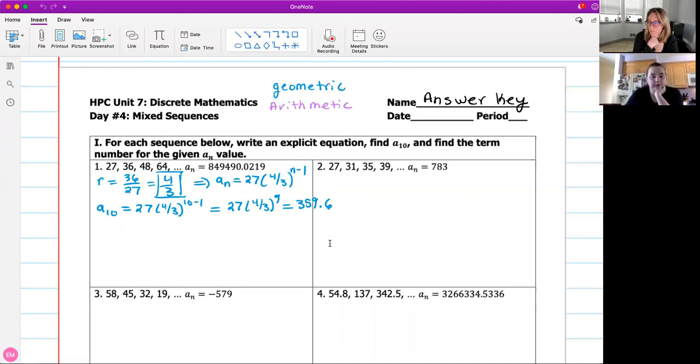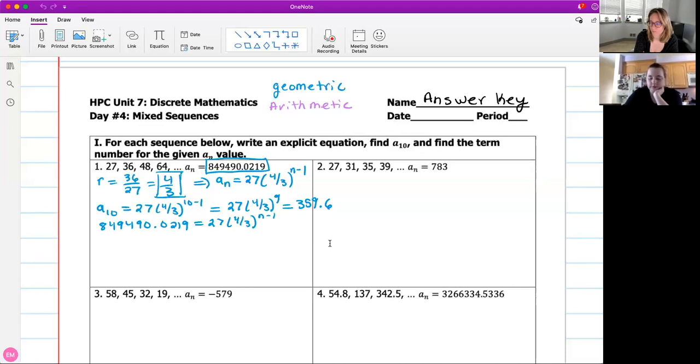And then the last thing that we're asked to do is find the term number for the given a_n value. Our given a_n value is this big number up here. Remember, this is just working backwards. So we're going to plug that in for a_n: 84990.0219 equals 27 times 4/3 to the n minus 1.